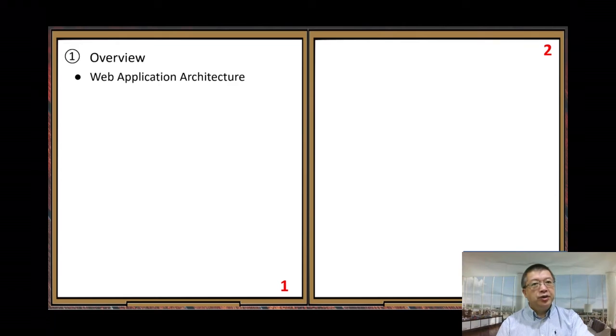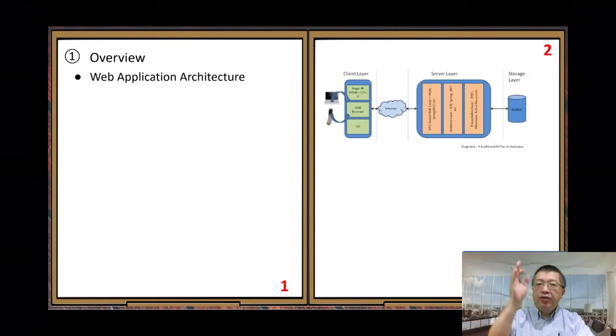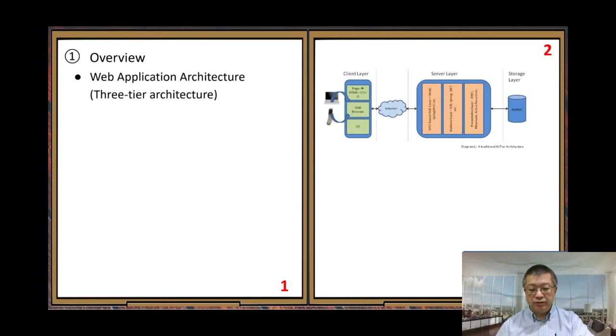Web application architecture. How to run a web application in the client, server, internet environment. Here we have a special architecture. We call it three-tier architecture.